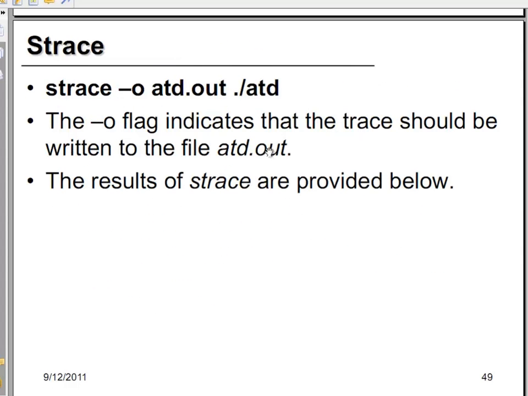The way we want to run this is using strace -o, which indicates that the trace should be written to a file, whatever the file you're running. Notice here, so output here, and then this is the file you're running. So what we're going to have to do is go back and stop the execution of the file by killing the process and then rerunning the file.